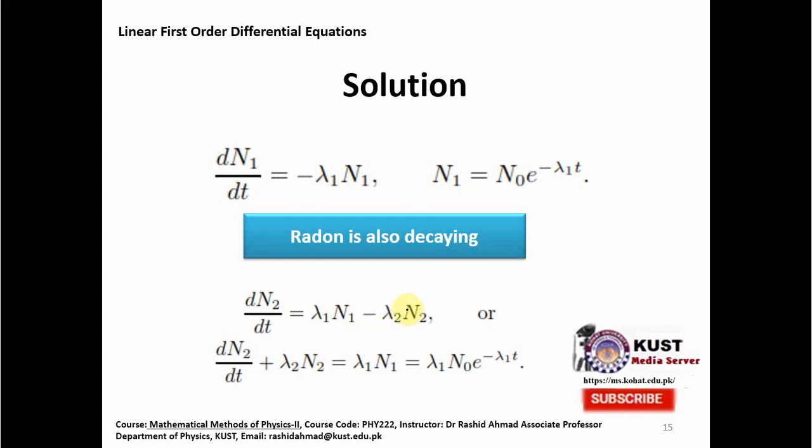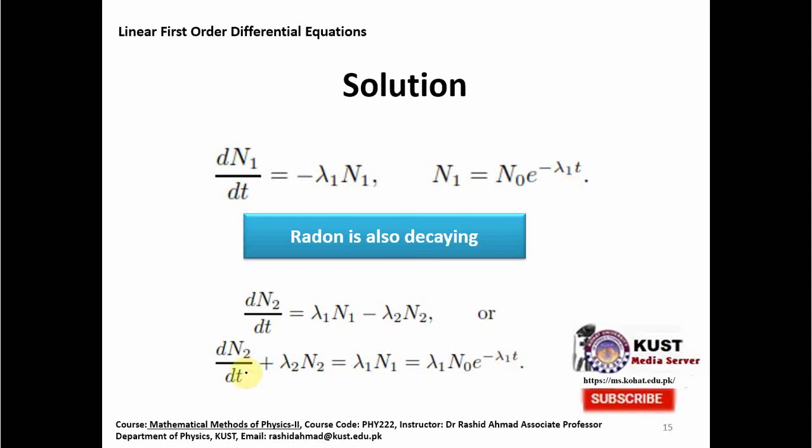Taking the term to the other side and integrating, we get lambda 1 n1, and n1 we already know is n naught e raised to minus lambda 1 t.